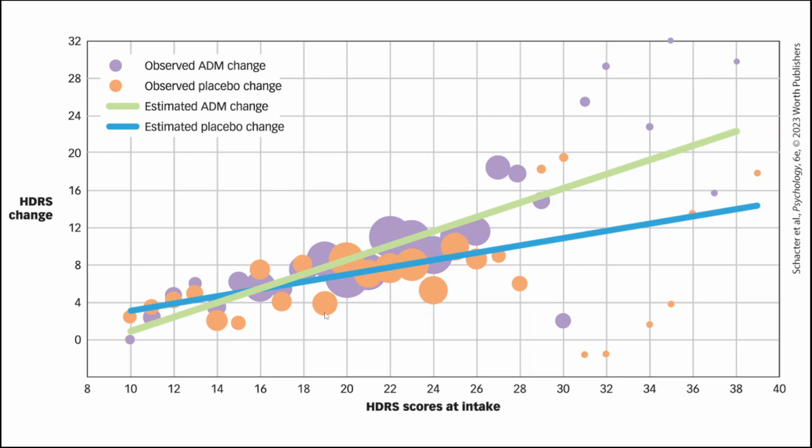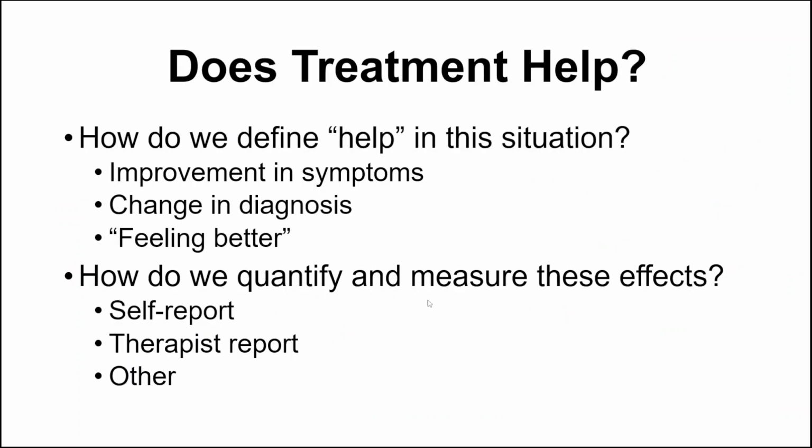But that lets us see that there's tons of people in this area who are both orange and purple, so both placebo for the orange and purple being the antidepressant medication. So there's a lot of overlap here between the two, where it could be really difficult to tell just from looking at their level of improvement whether they had taken the placebo or the actual experimental drug. So that overlap is something that we're going to be talking about quite a bit, but a really nice overview to get us started.